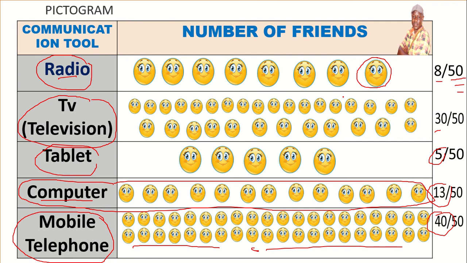What you're going to do here is draw stickers to show the number of friends who use each communication tool. They didn't give you communication tools here. You're going to write them yourself. You're going to pick some, maybe radio, TV, or whatever you choose, and they give you 1, 2, 3, 4, 5. You're going to do just like this one.